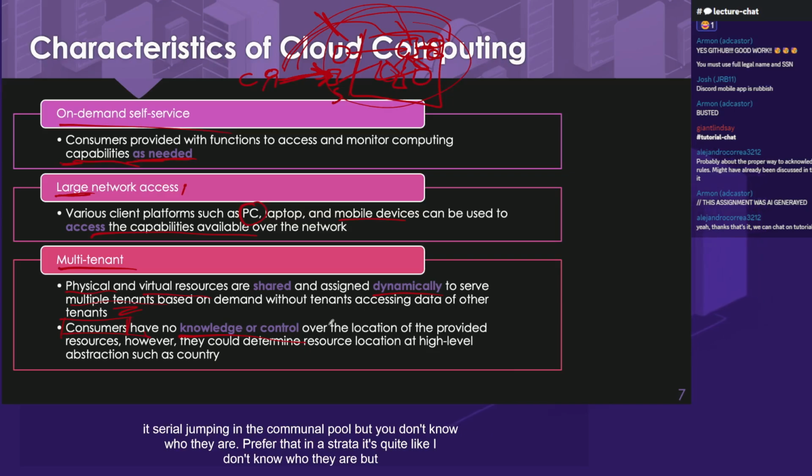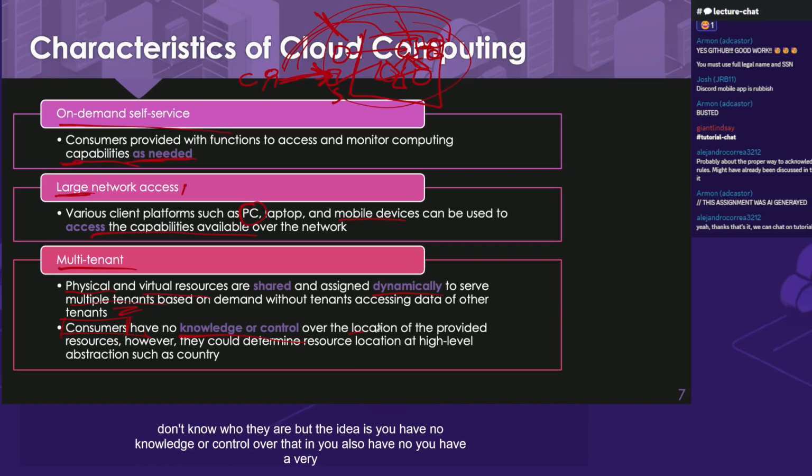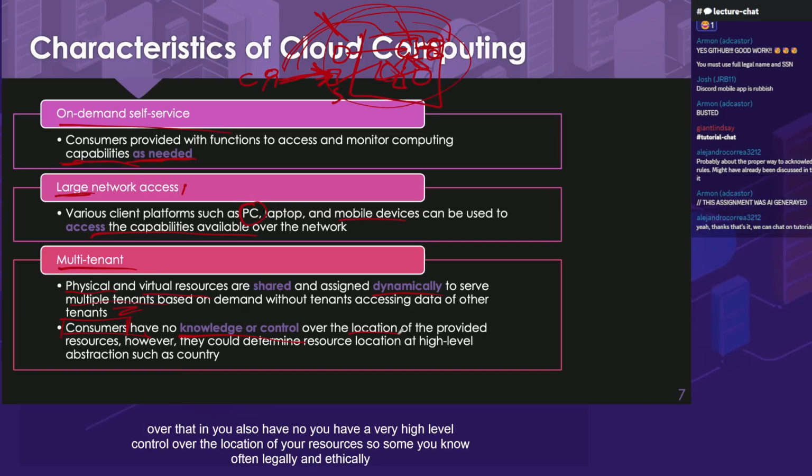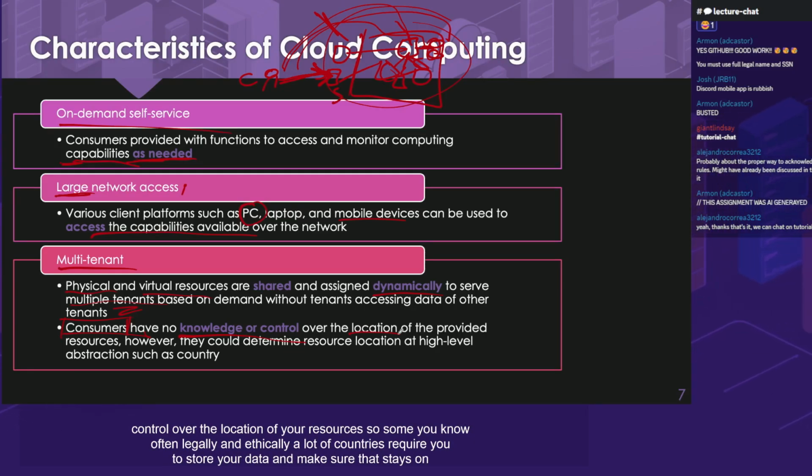But the idea is that you have no knowledge or control over that, and you also have a very high level control over the location of your resources. So often legally and ethically, a lot of countries require you to store your data and make sure that it stays onshore, right?